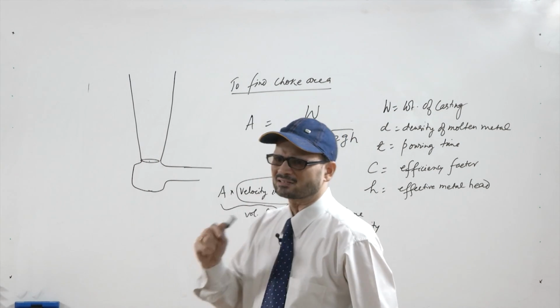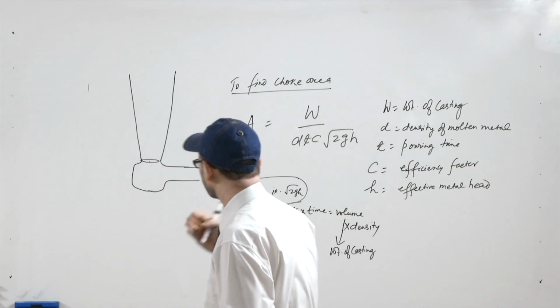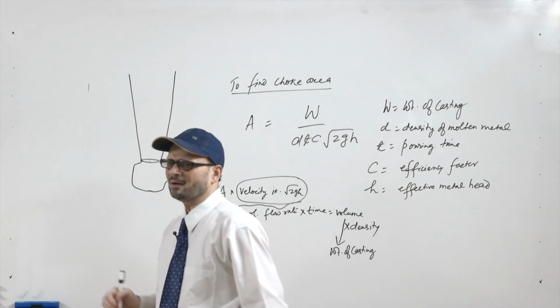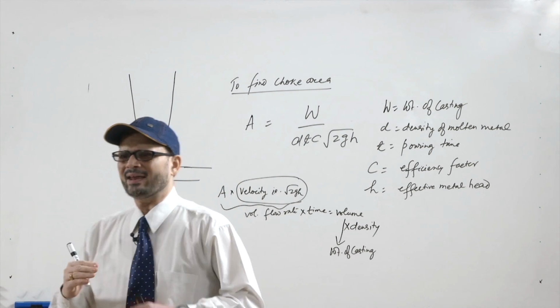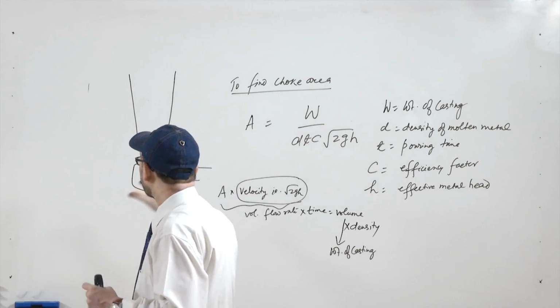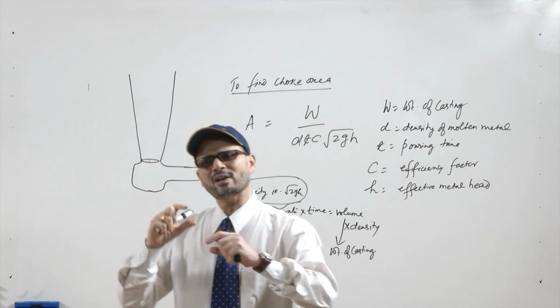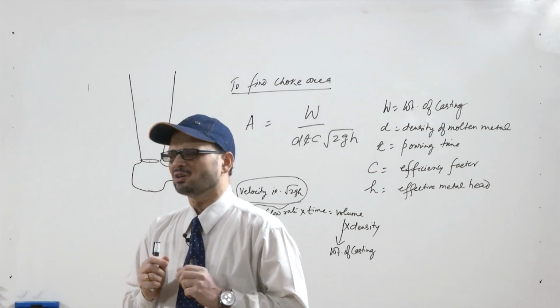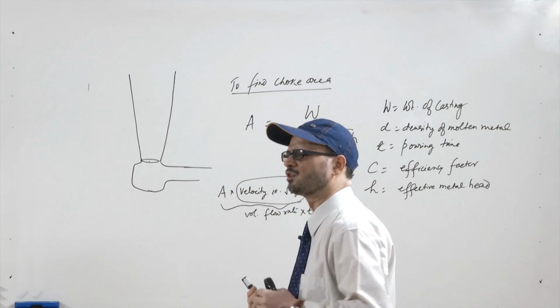So, assuming that your choke is at this point, the sprue area, the ratio further divided by total runner area divided by total in-gate area is known as the gating ratio. Now, why is the gating ratio required?